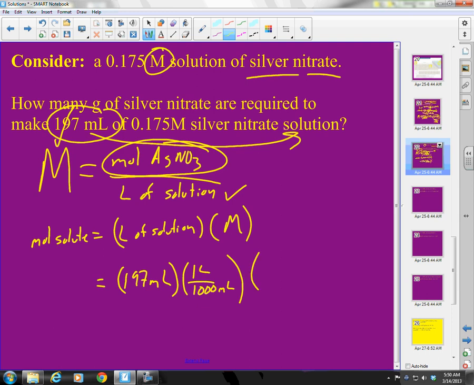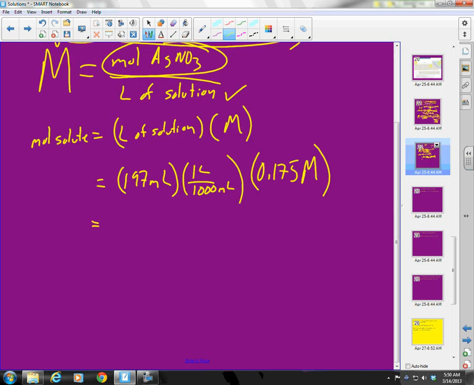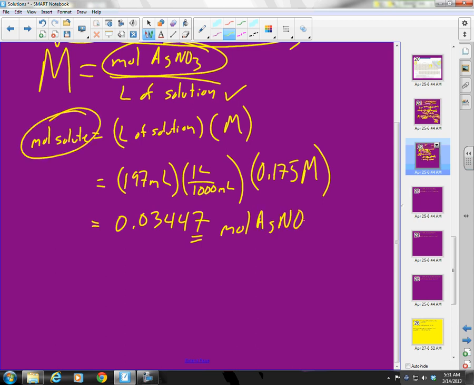What's my molarity? 0.175 molar. And what do I get out of that? 197 divided by 1,000 times 0.175, and I get 0.03447 moles of my silver nitrate. But that's not the answer. They want grams of silver nitrate.